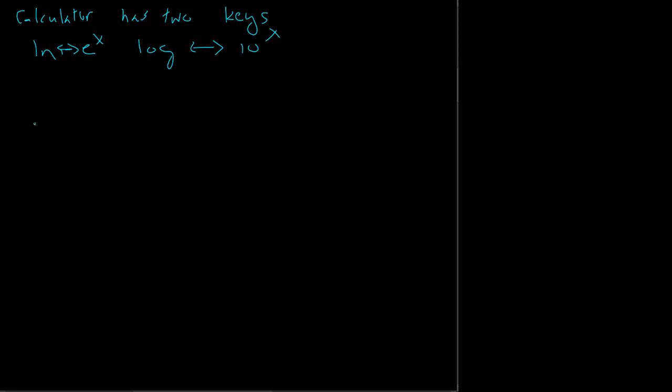So what do I do when I want to find log base 2 of some number? Unless it's a clear power of 2, I have to make a table of all the powers of 2, right?